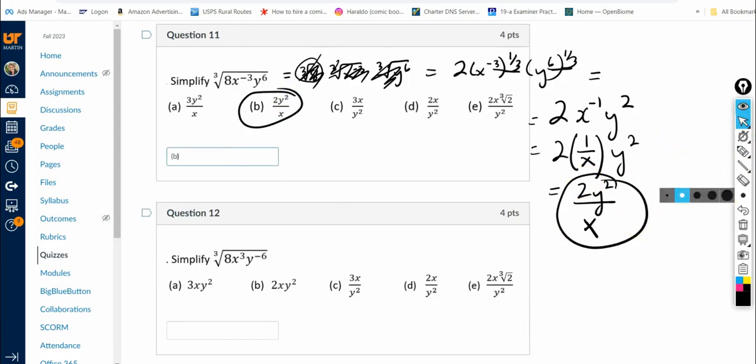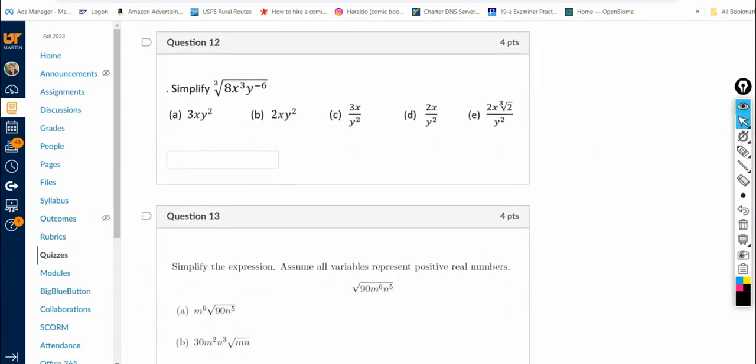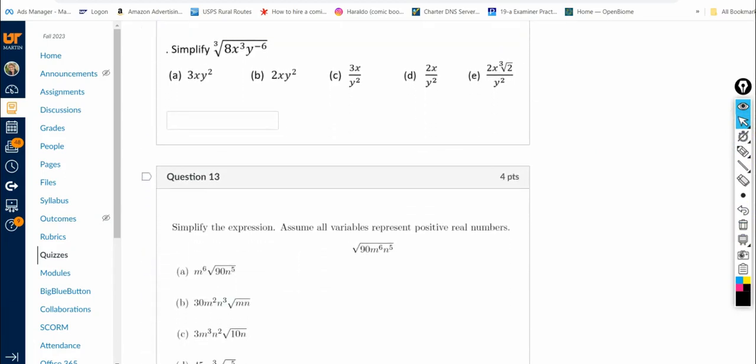Okay. All right, let's go down here to this one. All right, so again, I could rewrite this to the 1/3 power. And so it applies to everything separately.